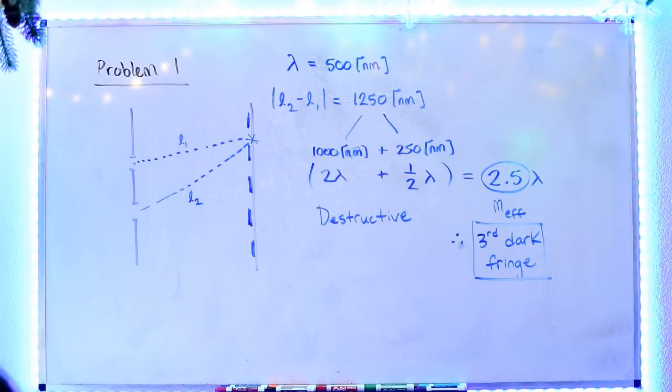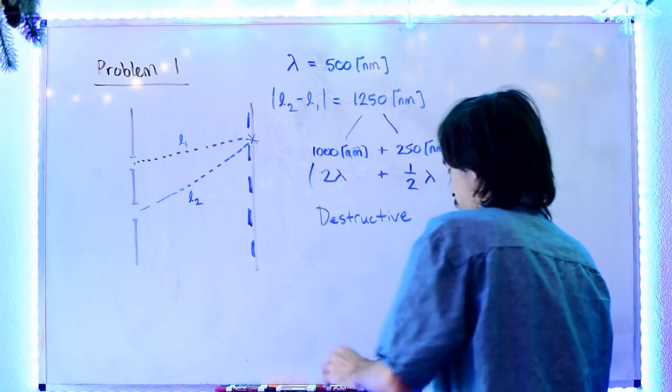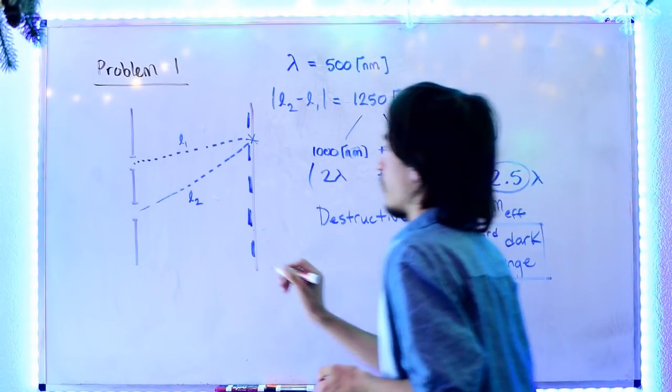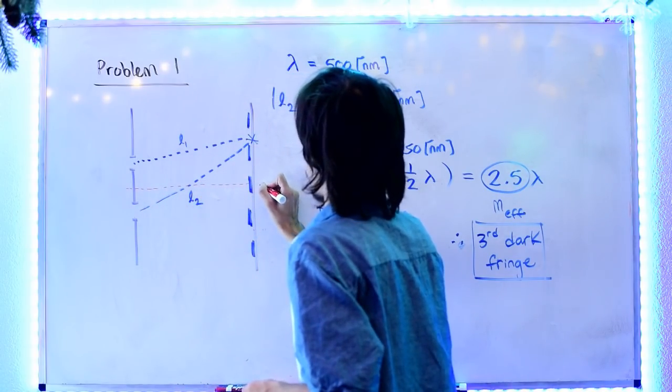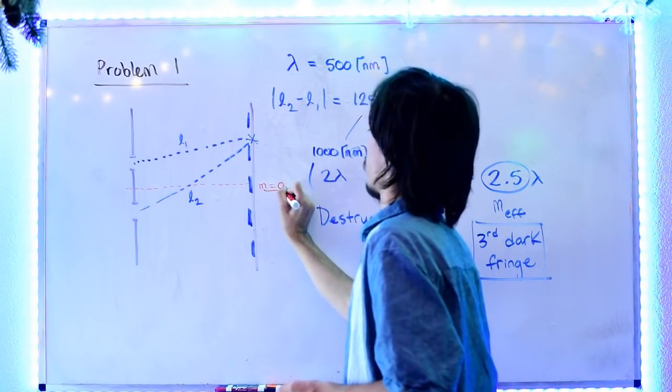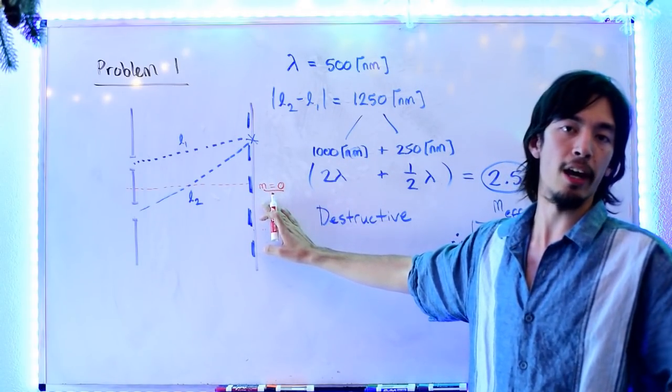I wouldn't call it rounding. I guess you could round to get the answer in this case. It's not rounding necessarily. It's more about realizing that, okay, so let me do this in a different color. The center bright spot is m equals 0. That means we have no path difference at all.